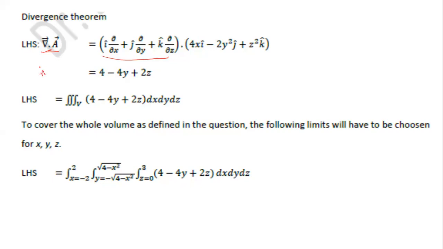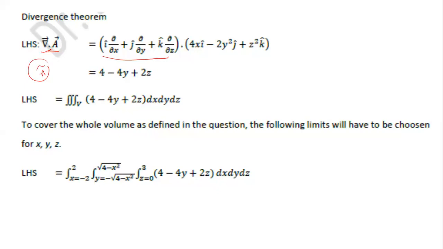Whenever you put a cap over a letter, this says that this is a unit vector. So in vector analysis, this has to be taken care of properly. If you are missing this vector sign and notation, then your calculation is probably meaningless, and moreover it will lead you to wrong results.